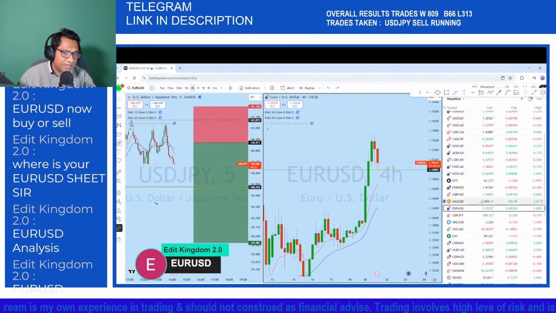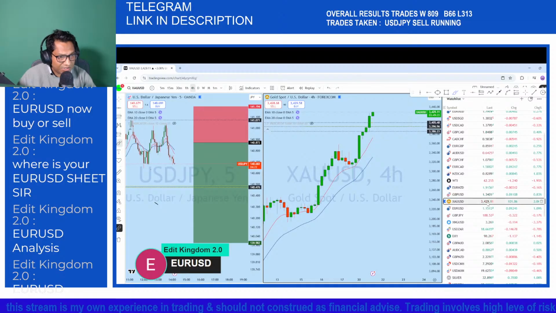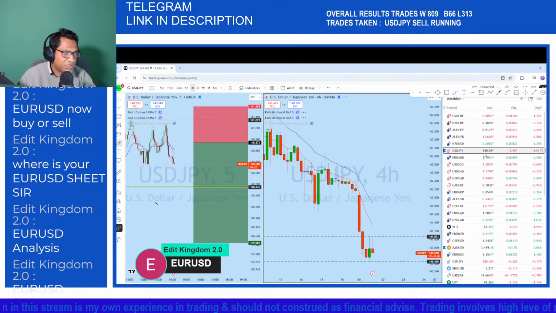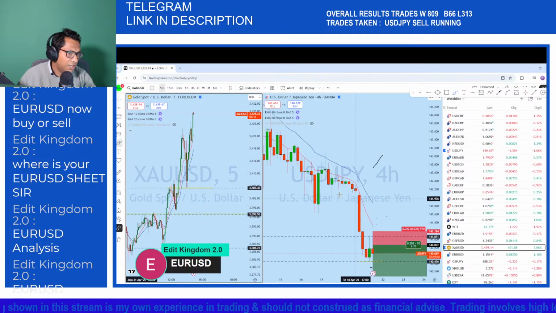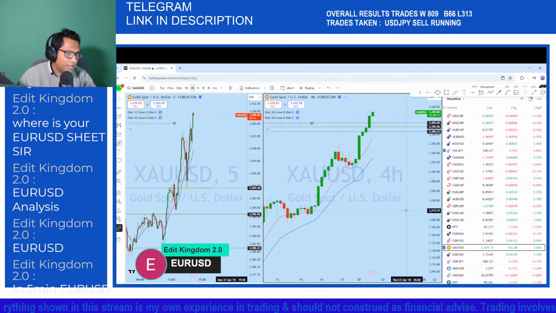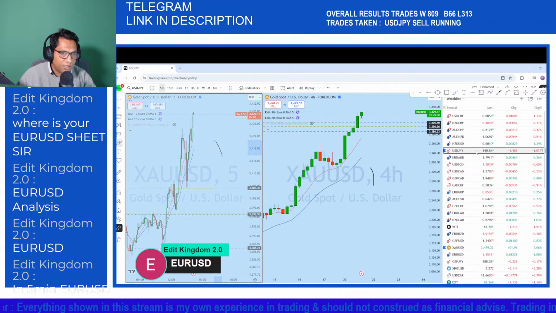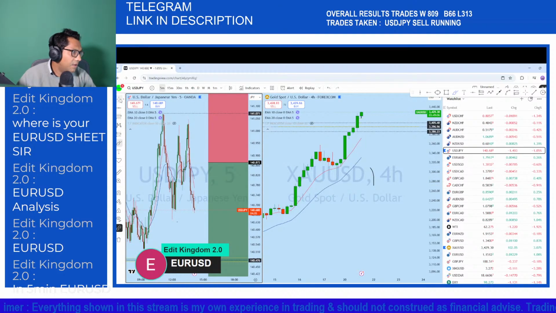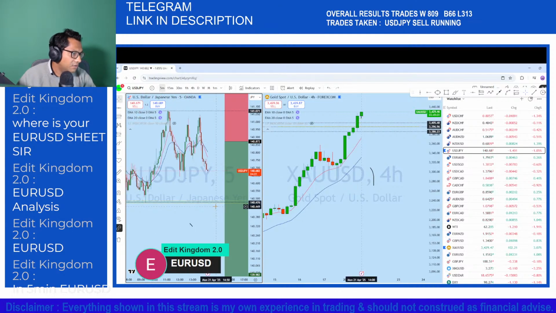While we can see that on XAUSD strong bounce, which is still trending to the upside, while we can see dollar yen breaking below here on this instrument, while XAUSD is moving up, there is a probability for further drop on dollar yen.